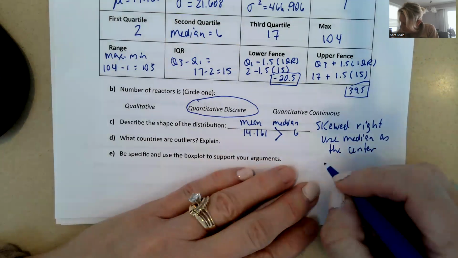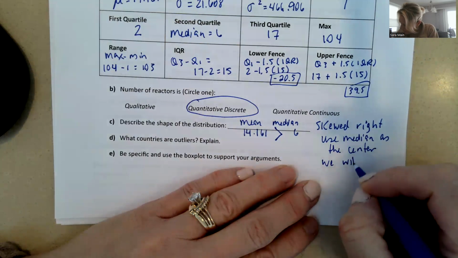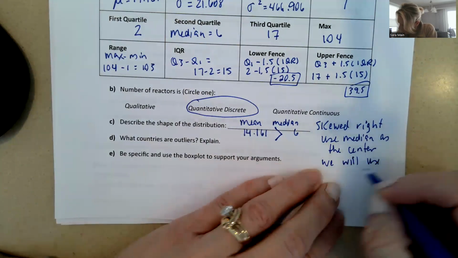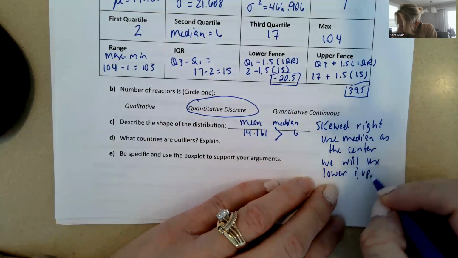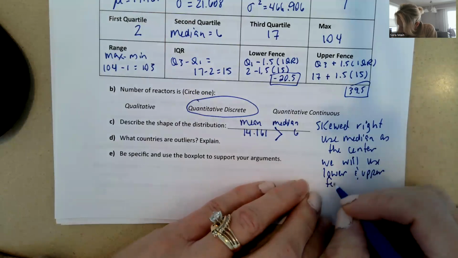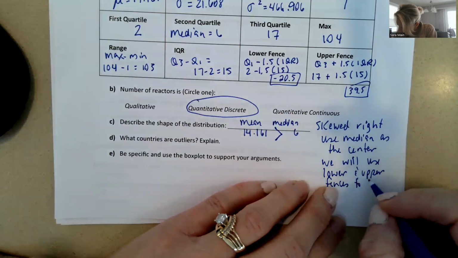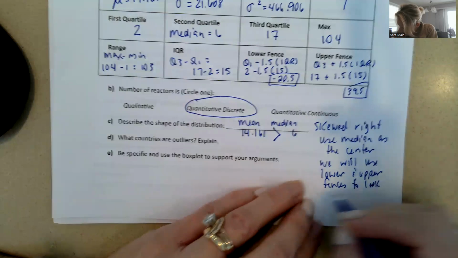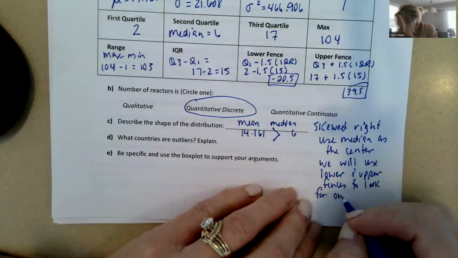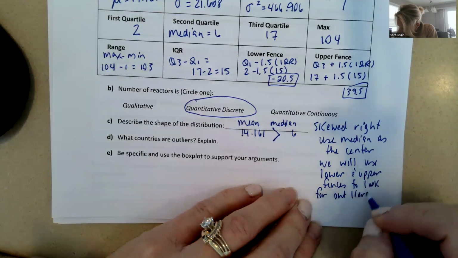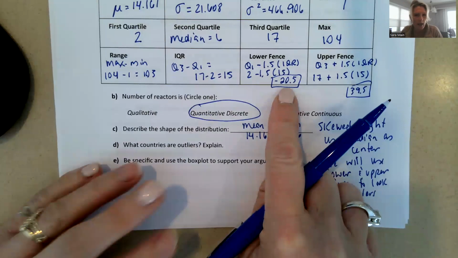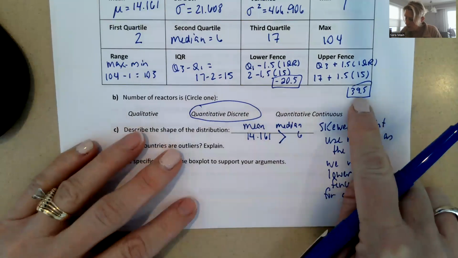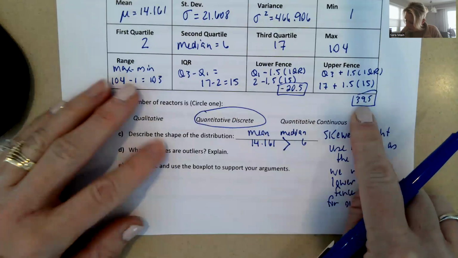So we will use the lower and upper fence to look for our outliers. And so, like I said, we wouldn't have negative reactors, but we could have more than 39.5.